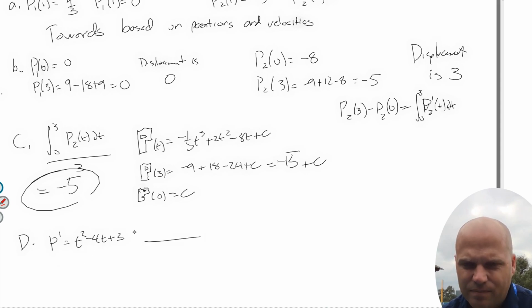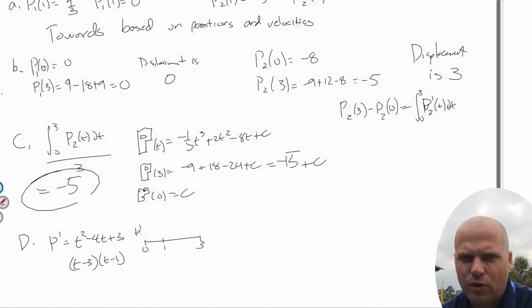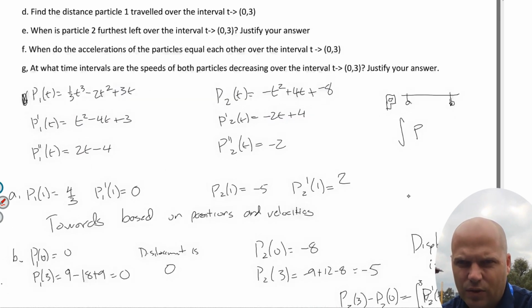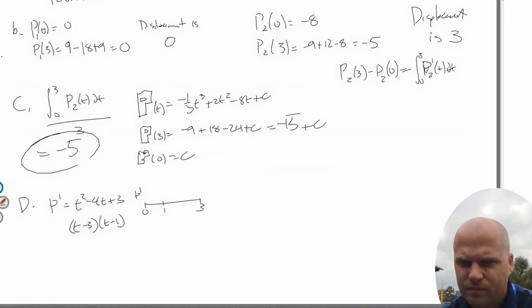Oh, that's not that bad. I hope. Am I going from 0 to 3 or 1 to 3? 0 to 3. All right, so I do have to just work. All right. Negative, positive? No, positive, negative.